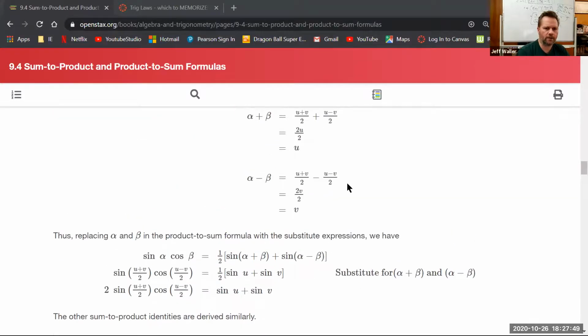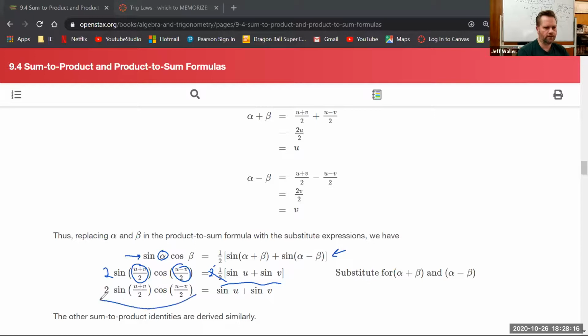Then down here, we know this first thing is true from earlier. This is just a sum to product formula. Then I replace alpha with this and beta with this. And then I can rewrite this. I bring the 2 back over. I multiply both sides by 2.